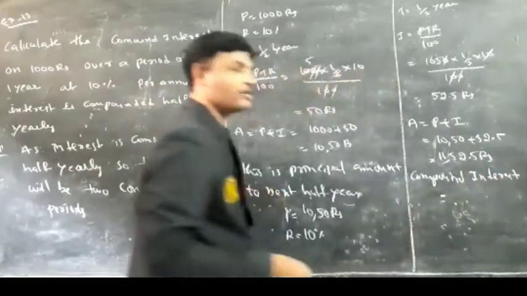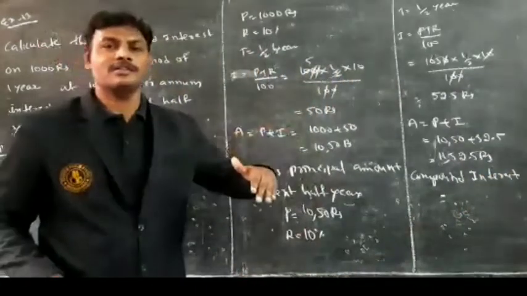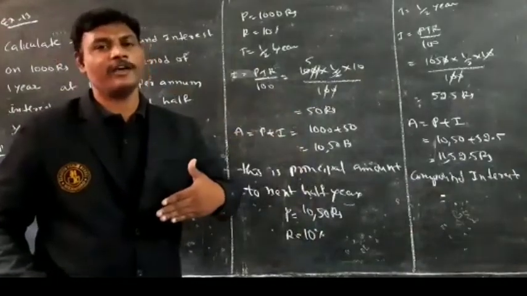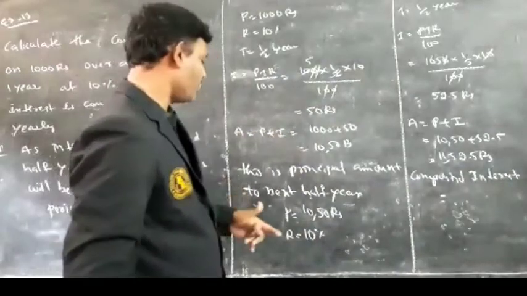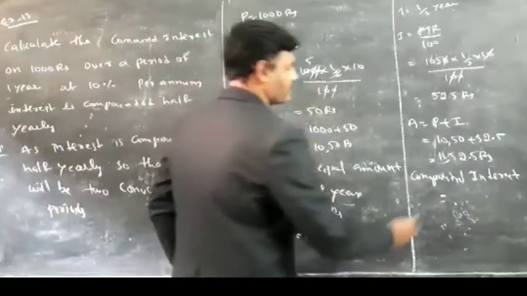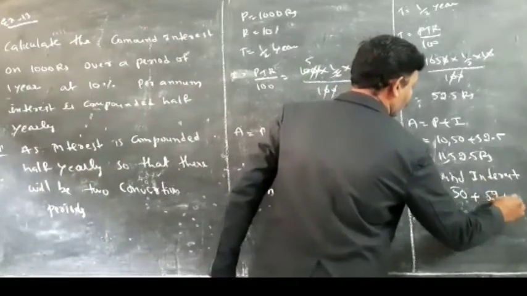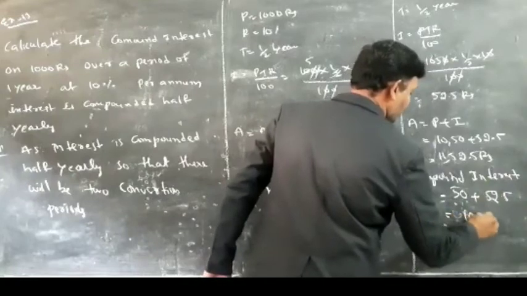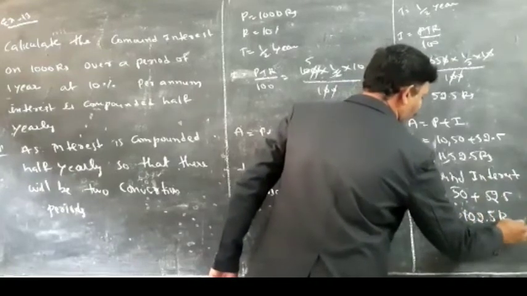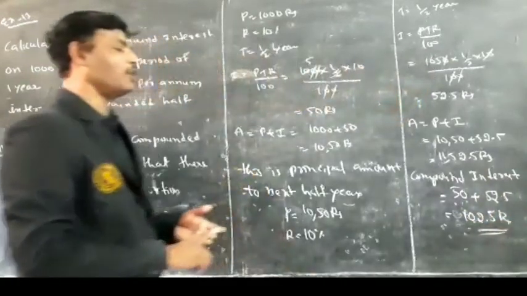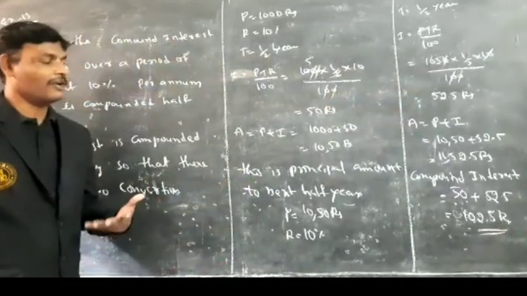So he is gaining two times, first half year interest and also second half year interest. What is the first half year interest here? 50 rupees. And the second half year interest is 52.5. So in total he is gaining 102.5 rupees on two conversions.